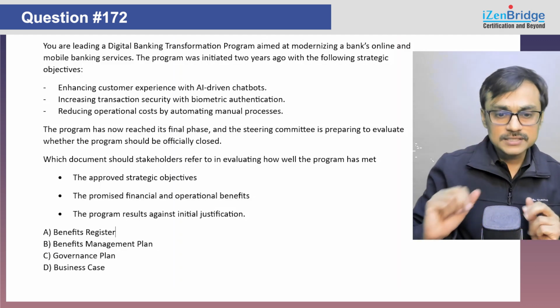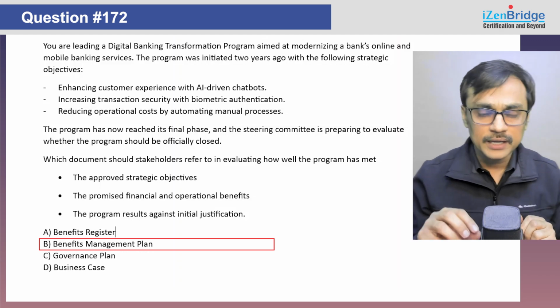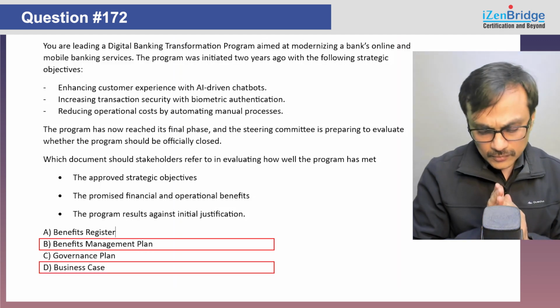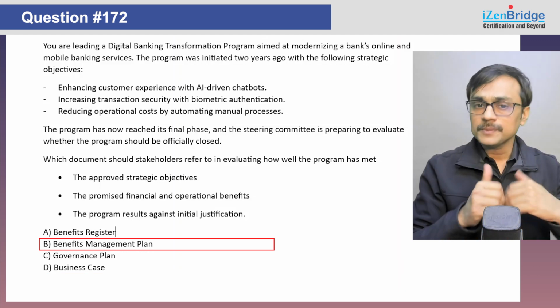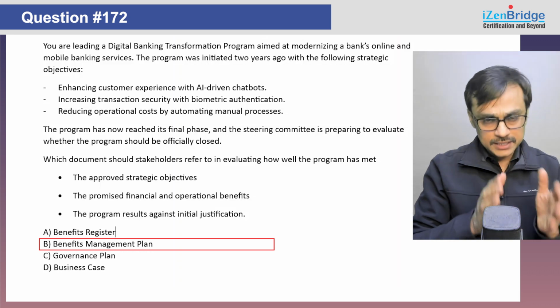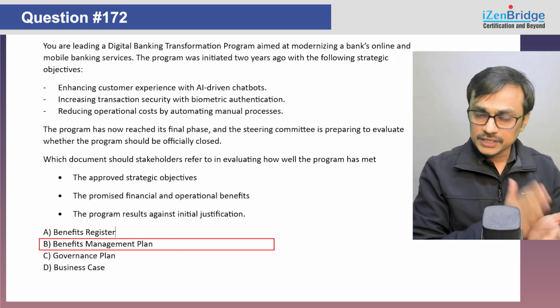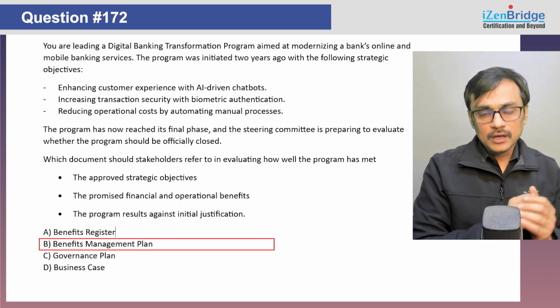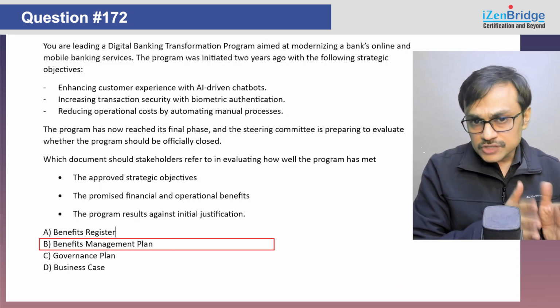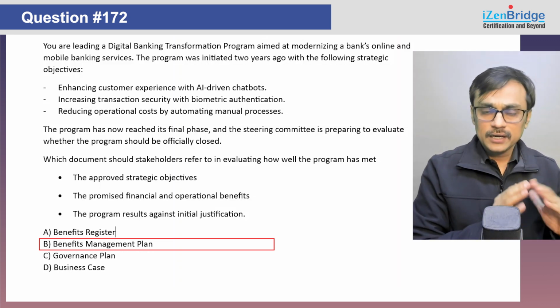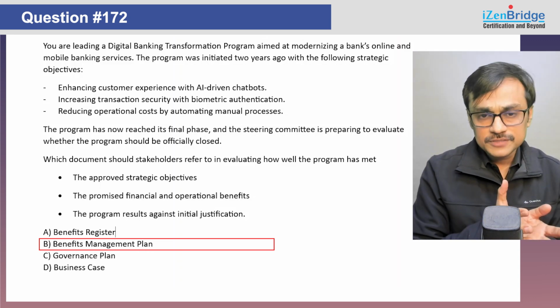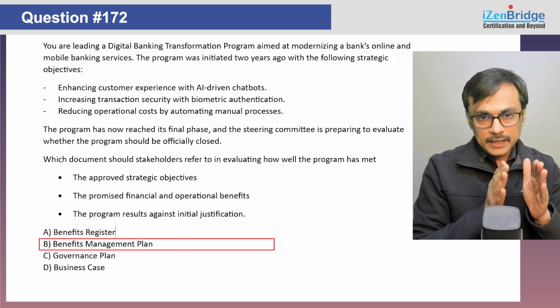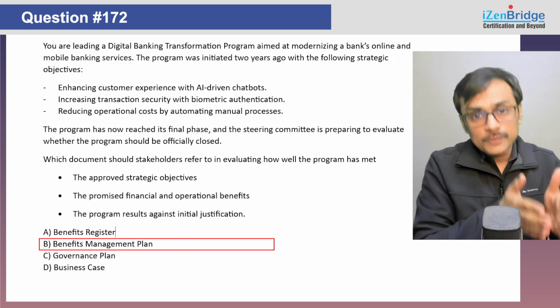Now the comparison remains between benefits management plan and the business case. Though the benefits management plan is also a baseline document, it does contain the idea of what are the approved benefits, but it is not much focusing on justification. And the primary purpose of benefits management plan is helping you to have an approach for managing benefits.